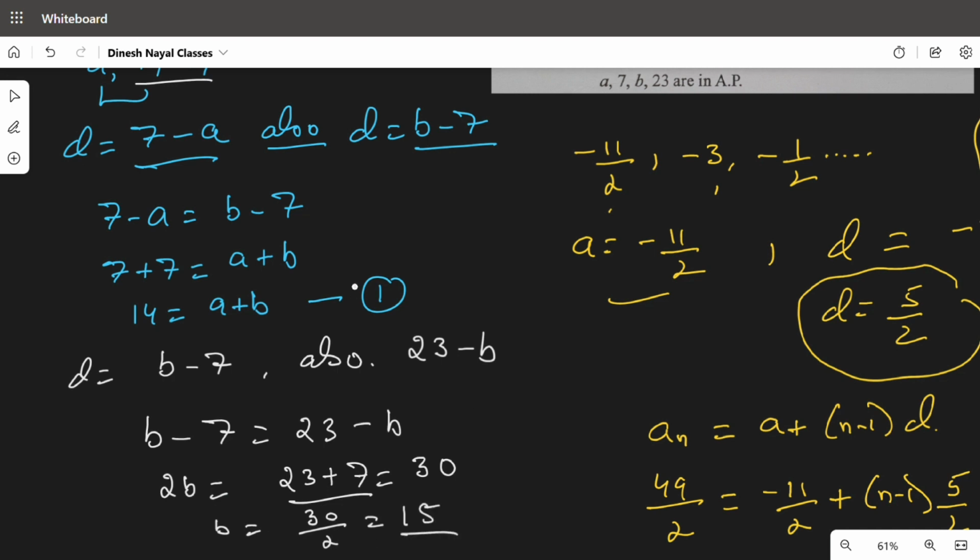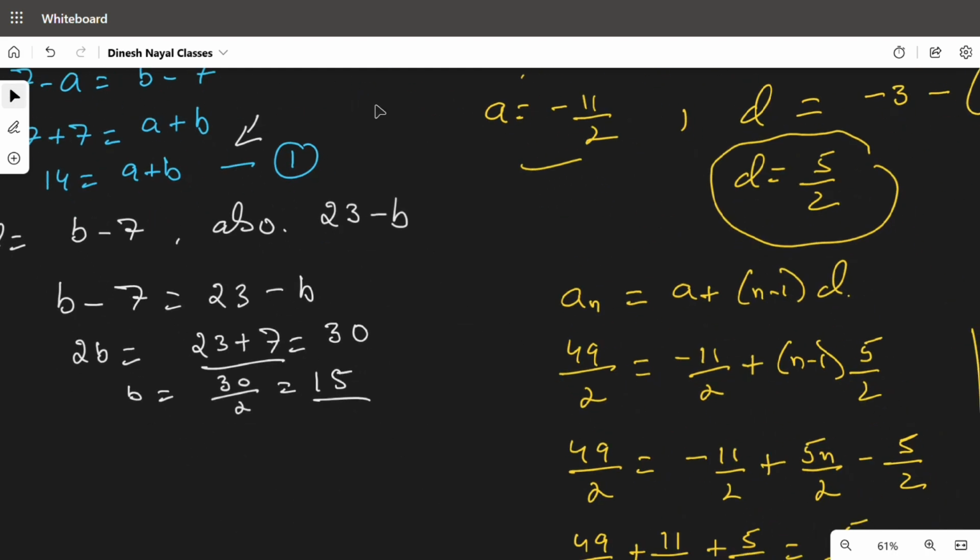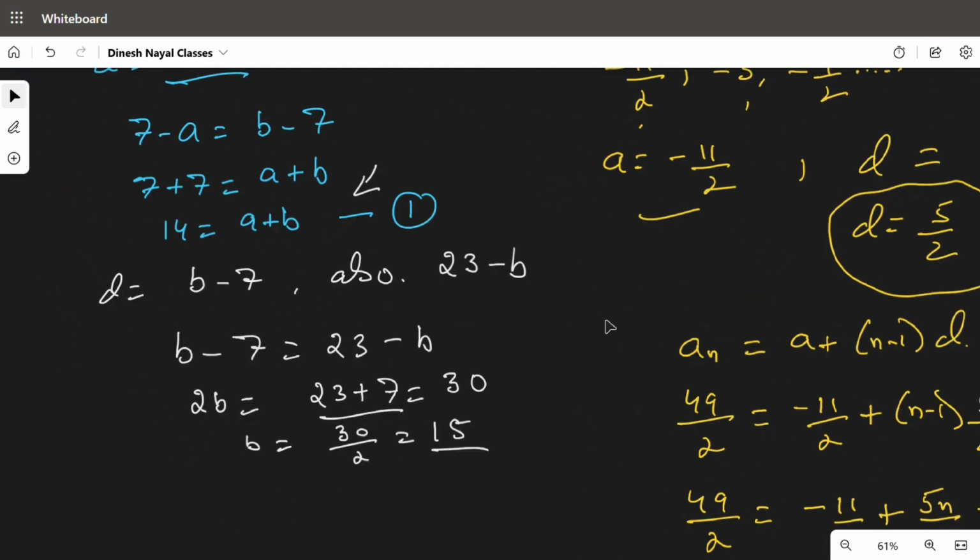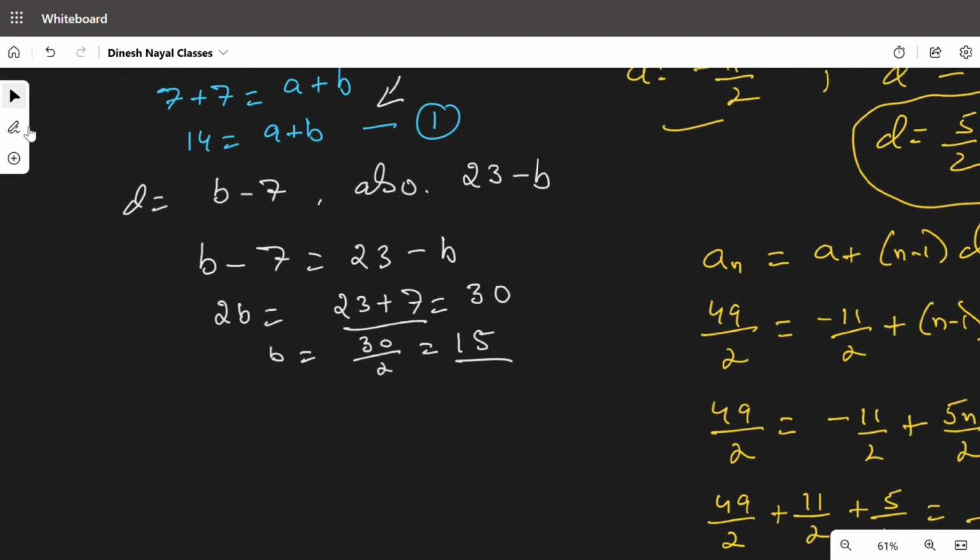Now substituting the value of B as 15 in this equation, we will get the value of A. So 14 equals A plus 15.